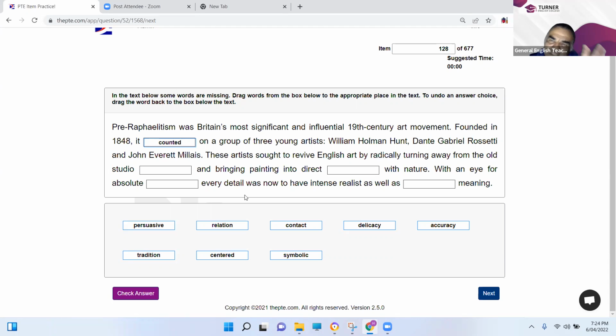So studio here is an adjective. You need a noun after it. So persuasive is an adjective. Symbolic is an adjective. Delicacy, noun. Accuracy, noun. Contact, noun. And also tradition and relation, they're nouns. So you need to go for a noun. Tradition. All right.